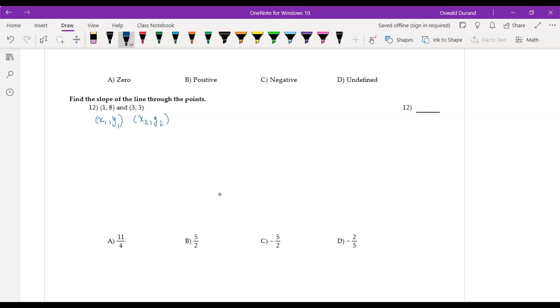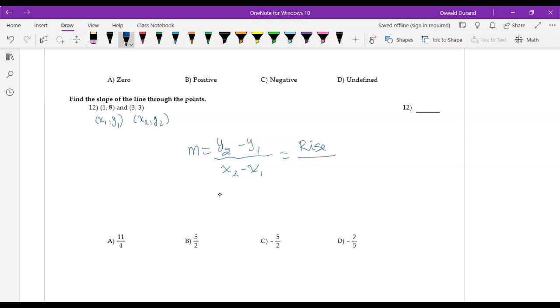All right. So how do we find that? Well, there's a formula given to you, which is m is equal to y2 minus y1 over x2 minus x1. If you follow this formula, y2 minus y1 is called the rise, and we're going to talk about that a little bit later maybe.